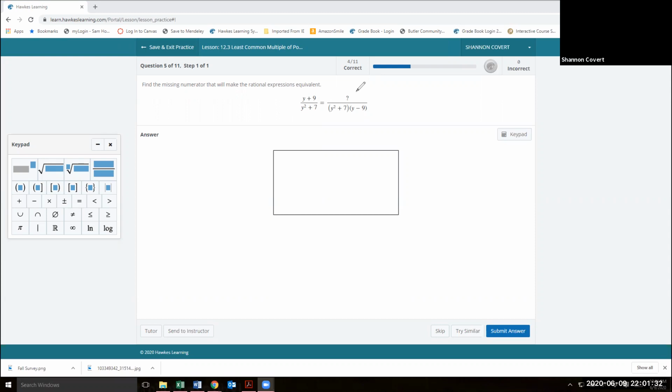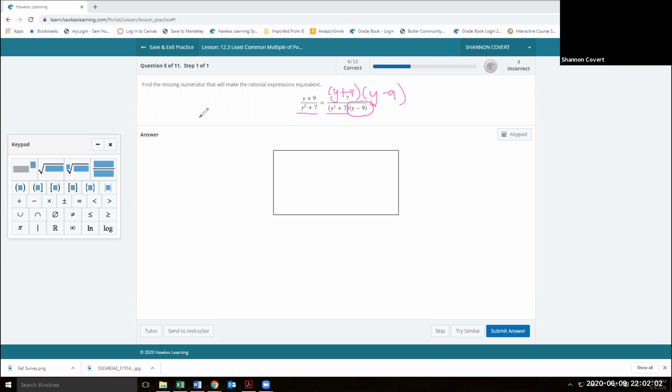And that is equal to something I don't know, so question mark over y squared plus 7 times y minus 9. So they both have a y squared plus 7 in common. The fraction on the right, I have multiplied my denominator times y minus 9. So for these expressions to be equivalent, I've had to take my numerator, which is y plus 9, and multiply it times y minus 9.